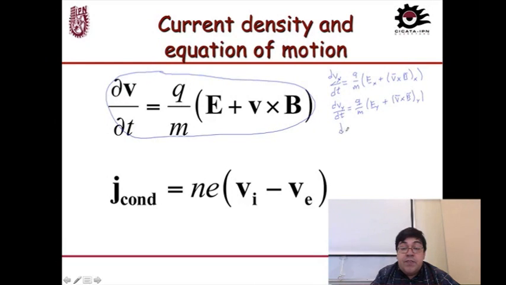And then dvz/dt is going to be equal to, again, q over m, and then Ez plus the z component of the cross product.